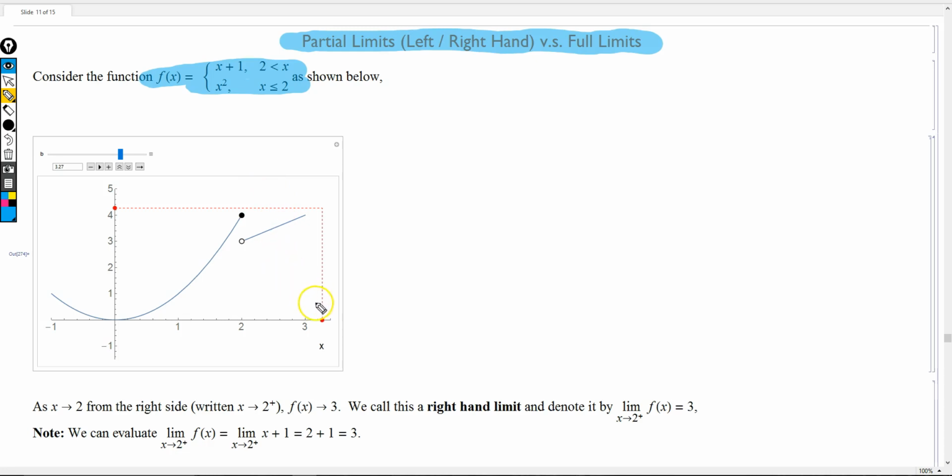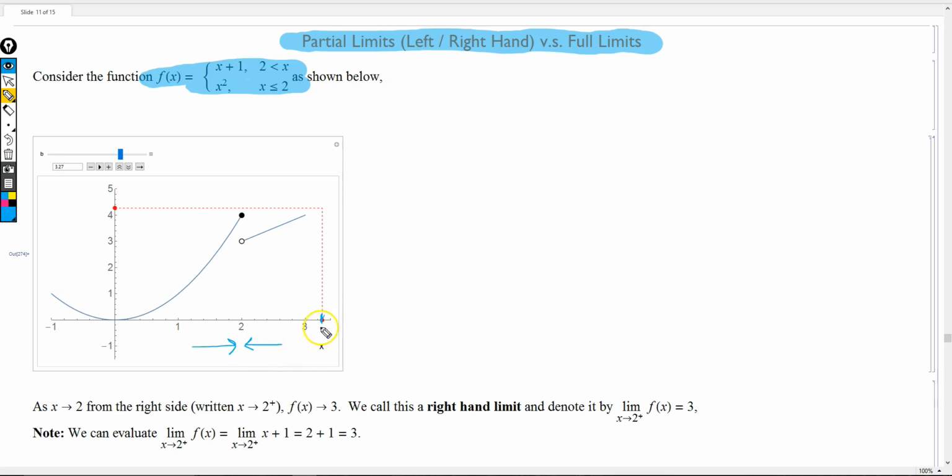And we want to ask ourselves this: what is happening to our function values as x is approaching 2 from the right-hand side and from the left-hand side?